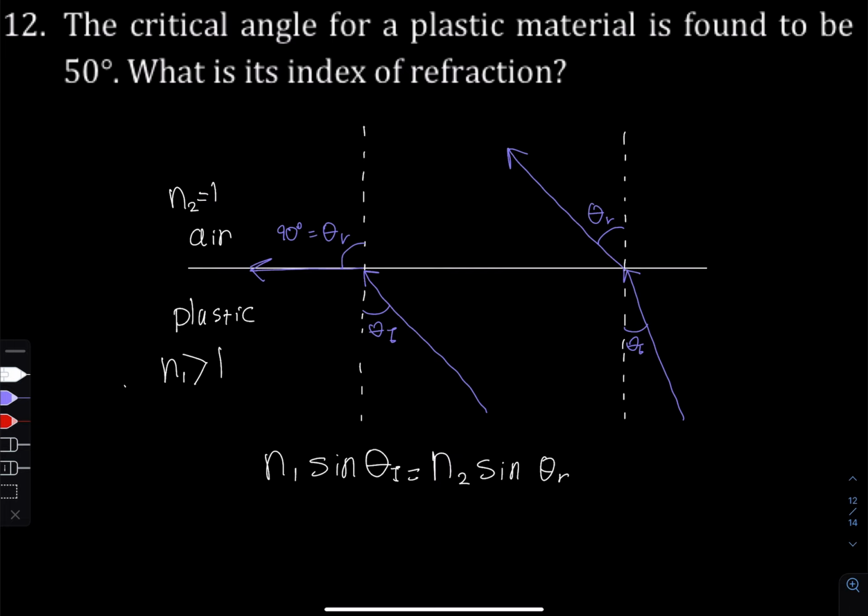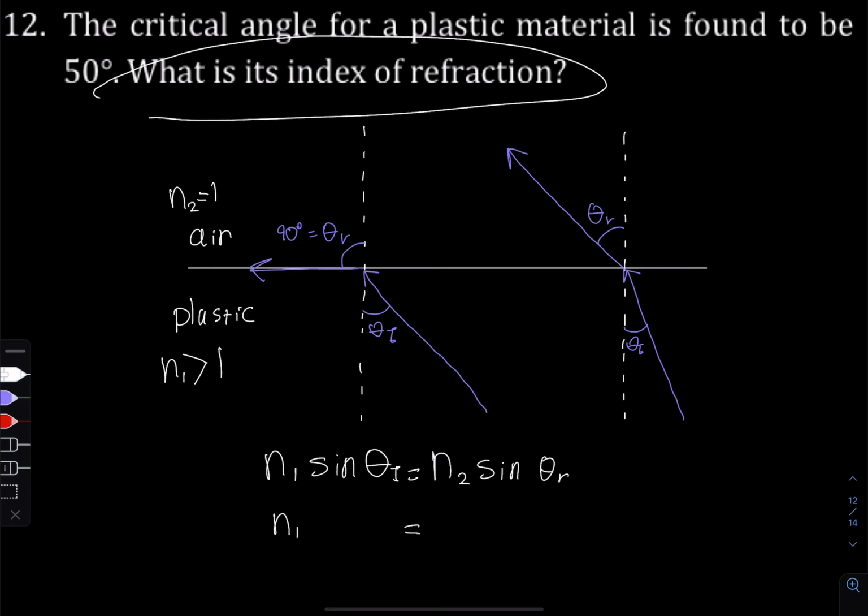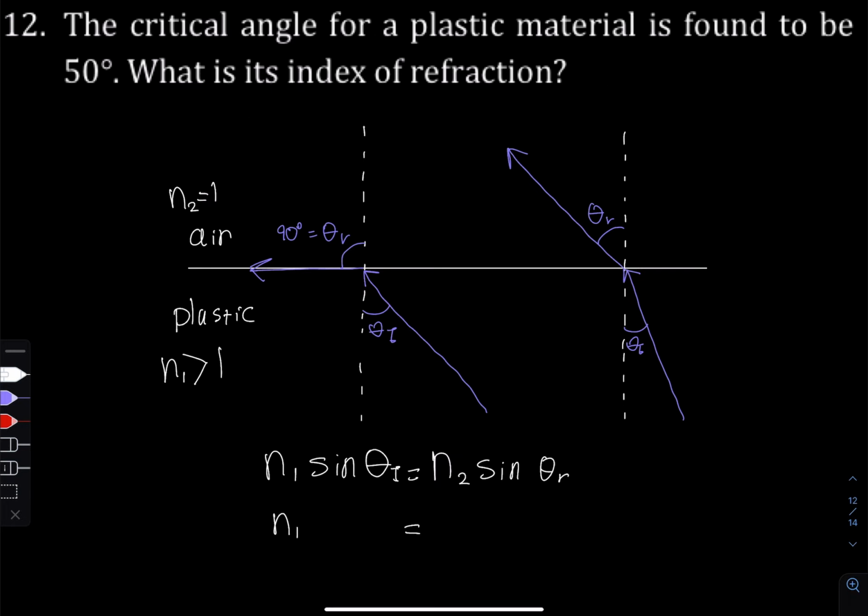If we plug the values we have in this situation into this equation, we'll get something interesting. So N1, which is plastic, we don't know. We're trying to solve for it because they're asking what is the index of refraction of the plastic material. Sine of angle of incidence, and then N2, which is 1, for air, and then sine of 90.